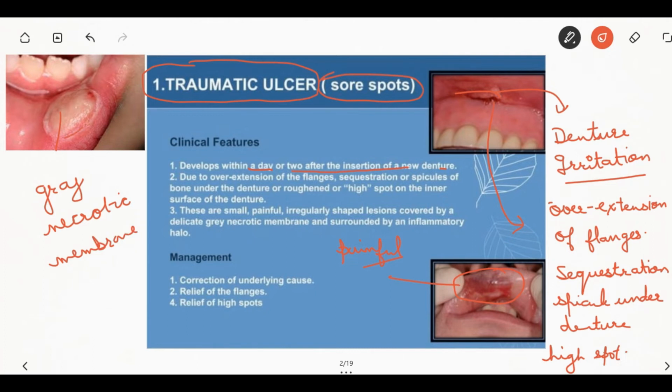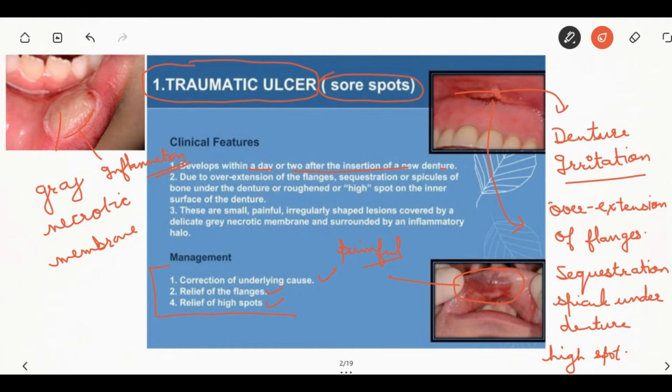The treatment of this traumatic denture ulcer consists of correction of the underlying cause. Now what is the cause? It could be the overextension of the flanges, which is corrected by giving relief to the flanges, or the sequestration of a spicule of bone under the denture, which can be corrected by removal of any tiny sequestrum, or there could be high spots present on the fitting surface of the denture.